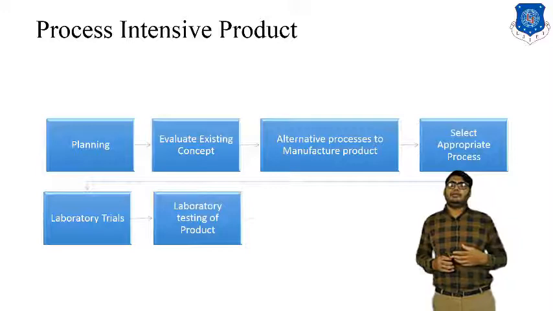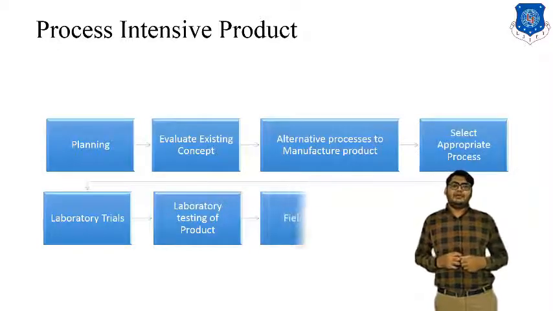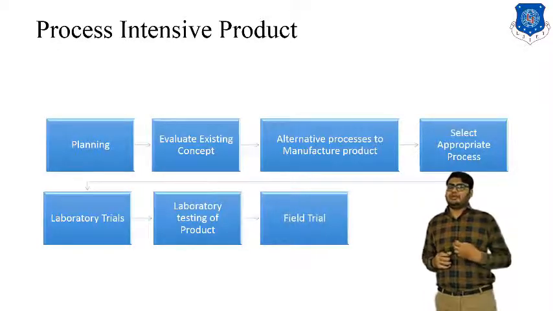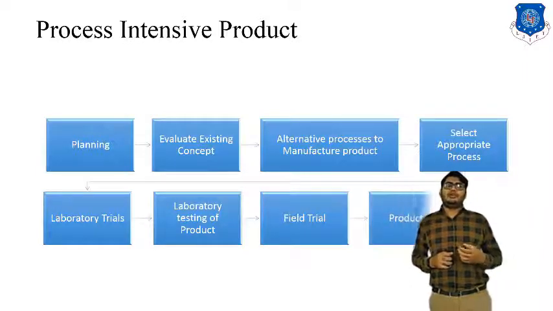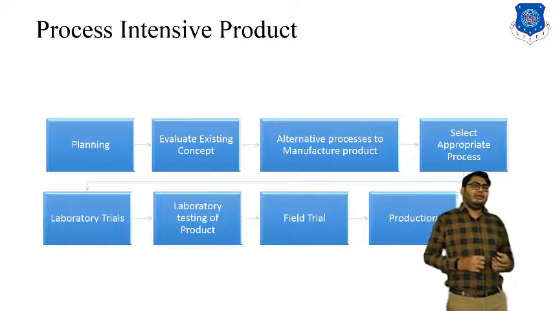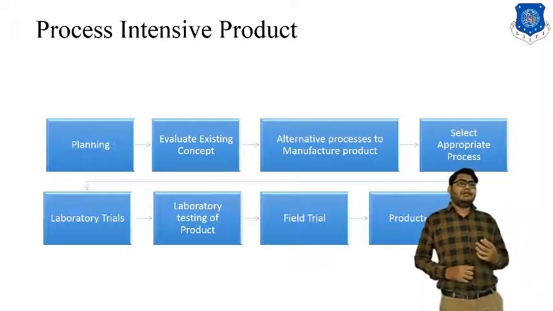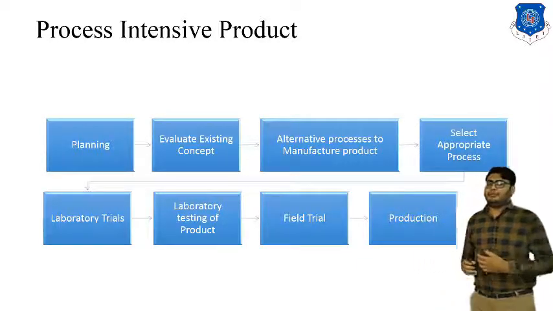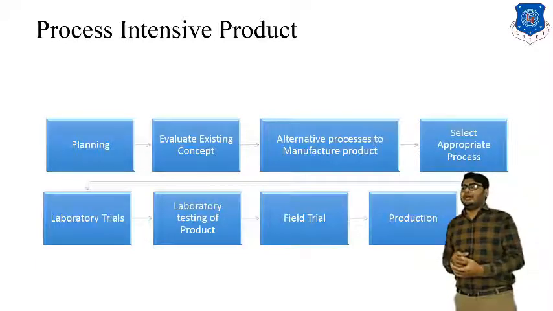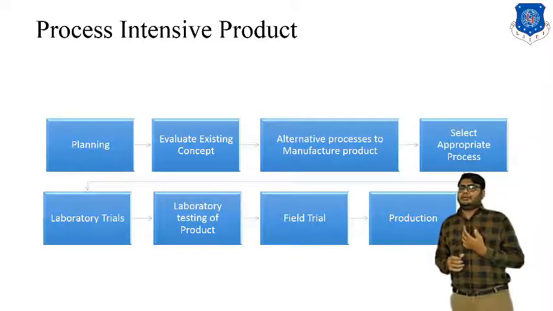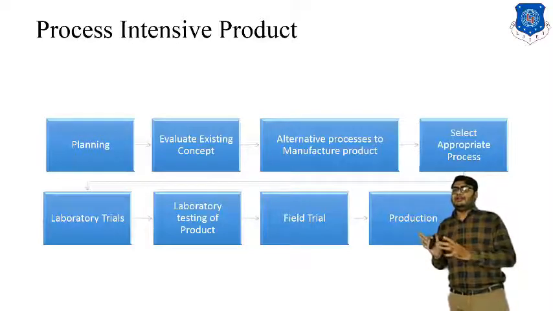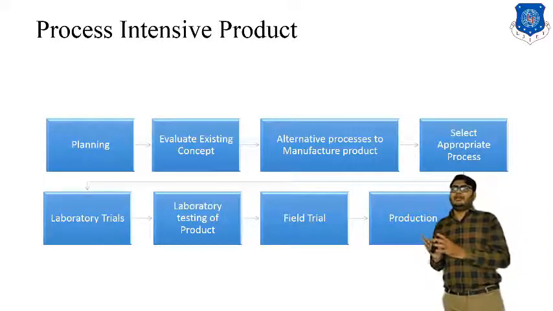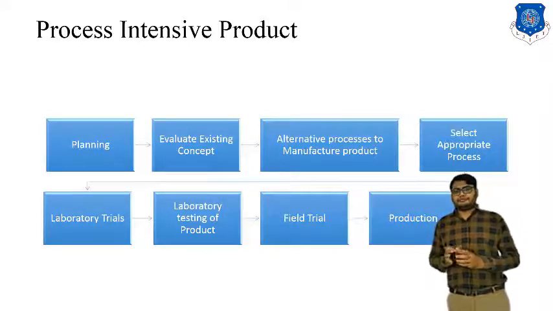For example, pharmaceutical drugs, those are process intensive products. We are not doing mechanical operations like turning or cutting, etc. But instead what we are doing is some processes like heating them, drying them, some chemical reactions, etc. So these are very different from the mechanical or hardware products.